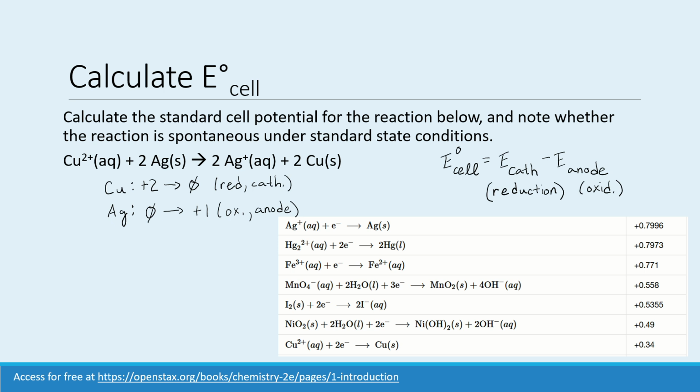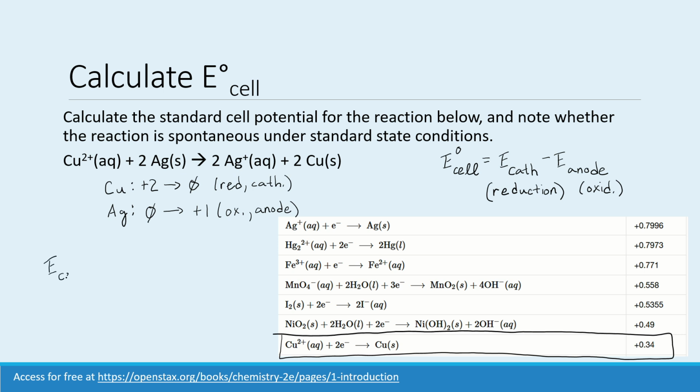Okay, so then we just look at the table that we're given, or you can look a table up online if you need to for your homework, and find the copper 2+ ion here. Okay, and that is your cathode, so E cell will be equal to 0.34.